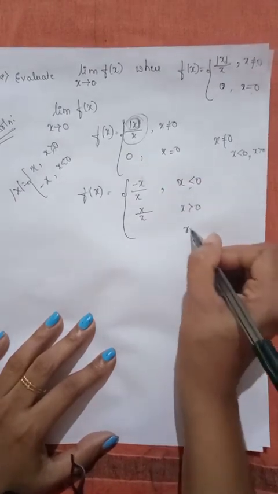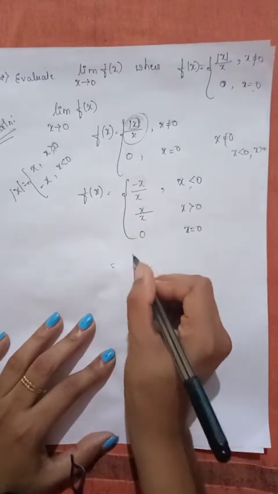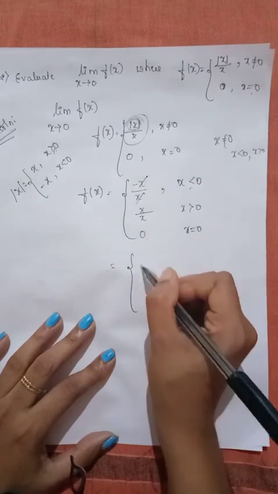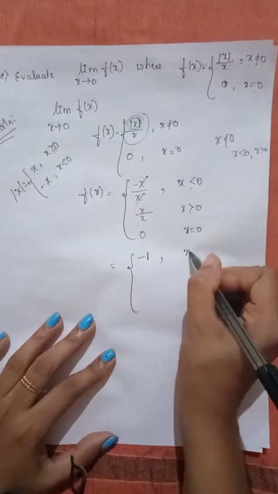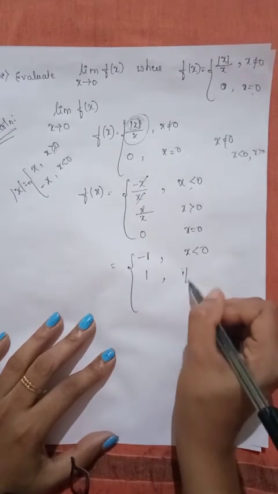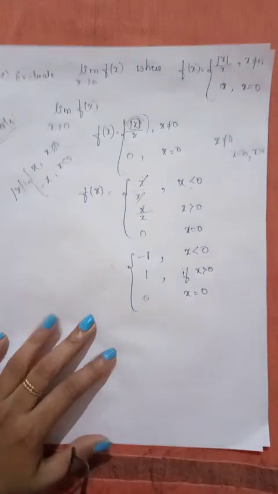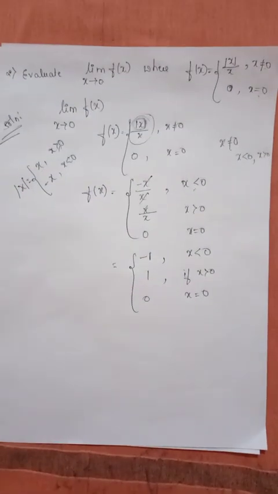And when x is equal to 0, what is the value of the function? They have directly told it is equal to 0. So it is minus 1 if x is less than 0, since x cancels. So it is 1 if x is greater than 0 and 0 if x is equal to 0. Now I have defined the function in a much easier way.